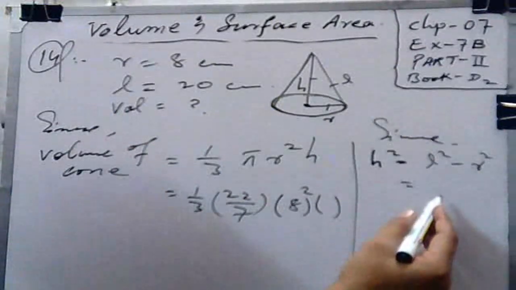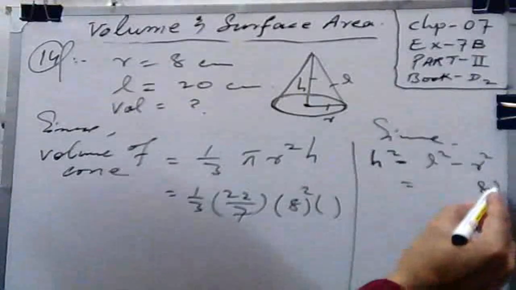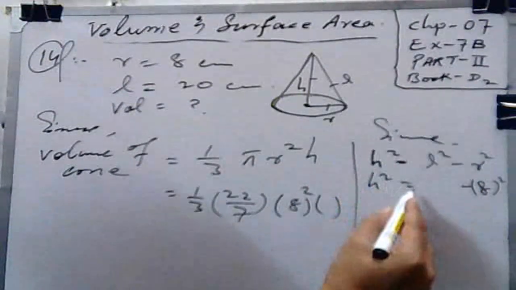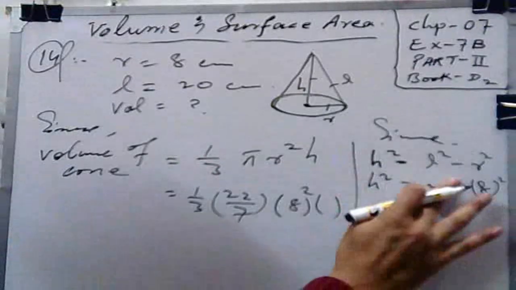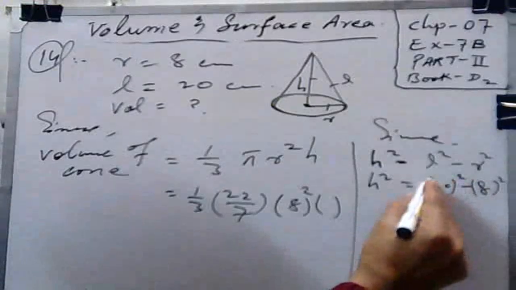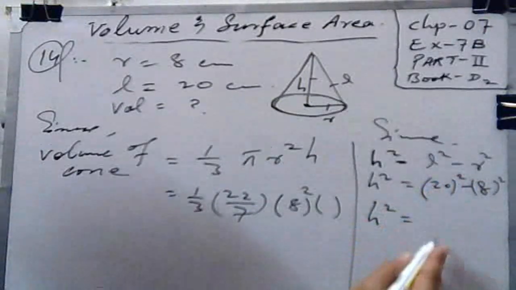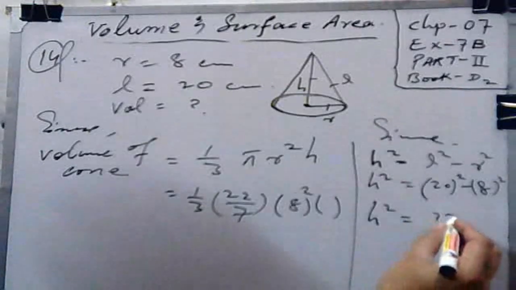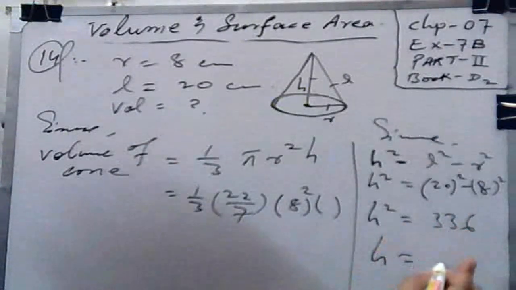So we have to put the values: l is 20, r is 8, so taking squares and subtracting, h square is equal to 400 minus 64, that is 336.